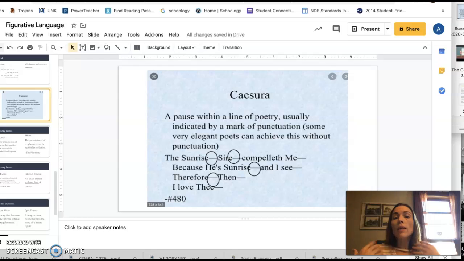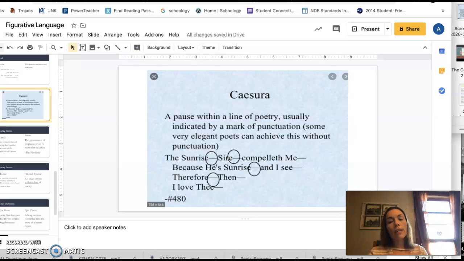Then I have caesura, and I'm not sure I'm pronouncing that right, but it's basically a pause within a line of poetry. I am not an elegant enough poet to use it. It's usually only used by very elegant poets.